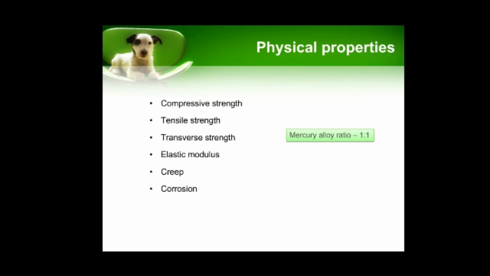Thus, excessive corrosion may lead to increased porosity or reduced marginal integrity or loss of strength, and also release of metallic products into the oral environment. The presence of a high percentage of tin in the silver amalgam will reduce the corrosion resistance. And the recommended mercury alloy ratio should be 1:1.